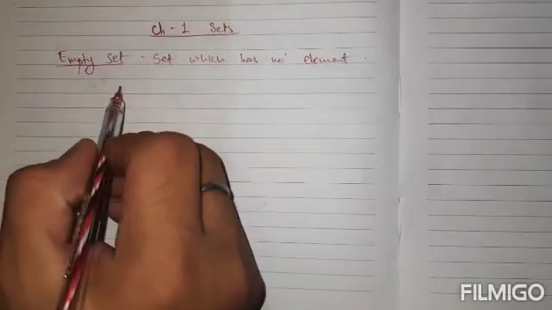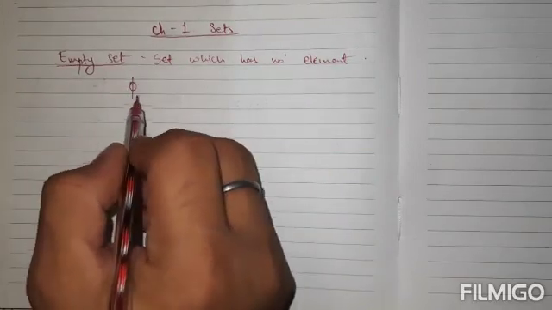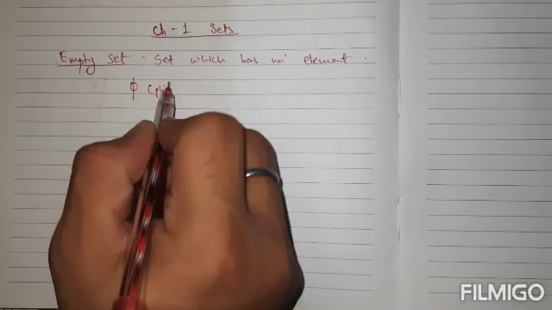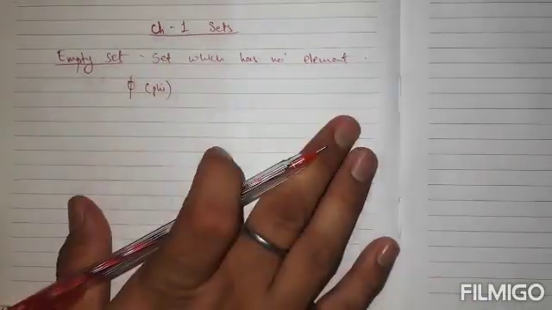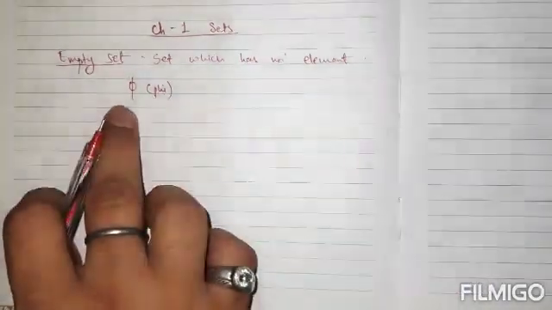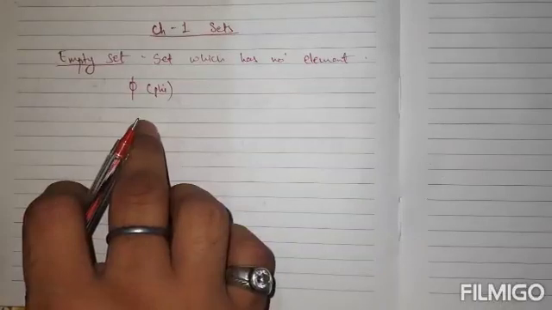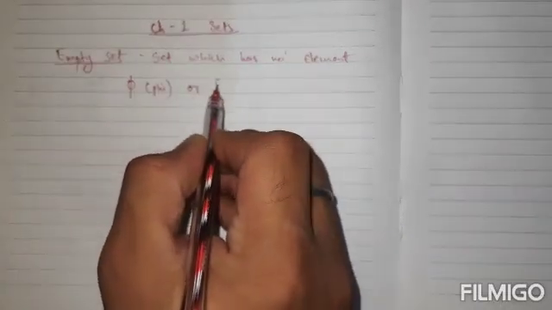The empty set is denoted by the symbol phi. This is the symbol, its name is phi. It is also a Greek letter. See students, we read it as phi, or you can call it null set or empty set, both are the same, but in general we will always read it as phi. And another symbol is this one.